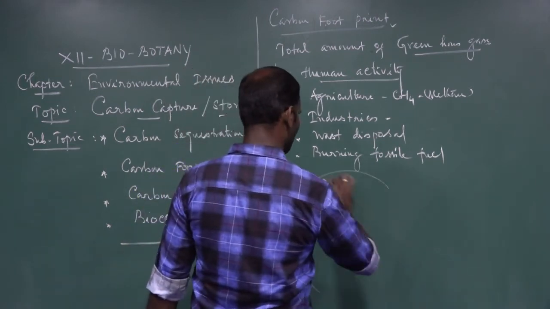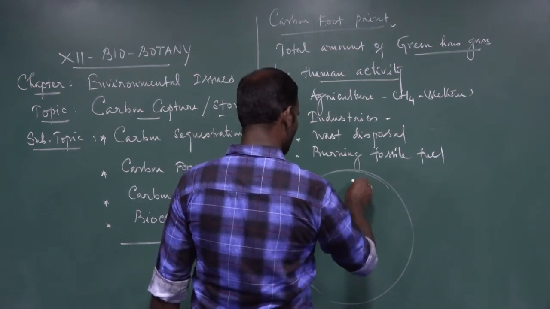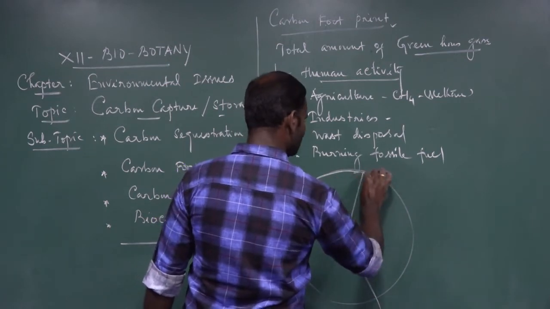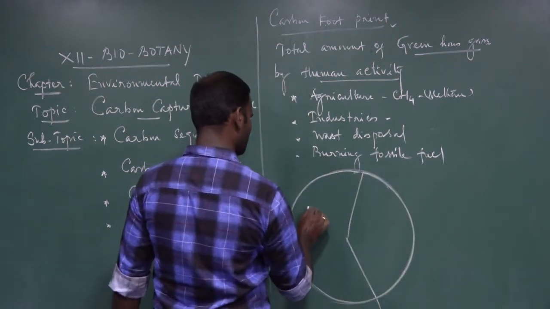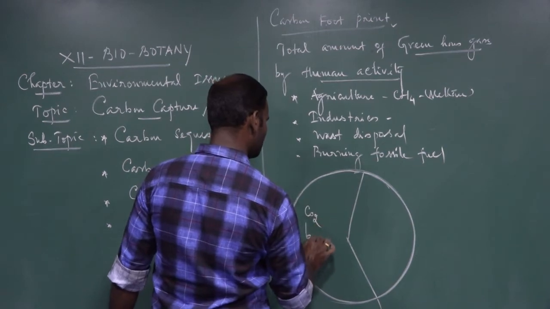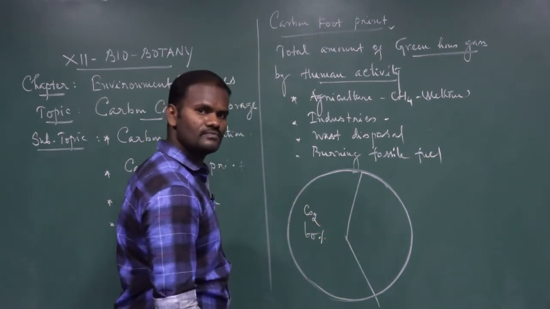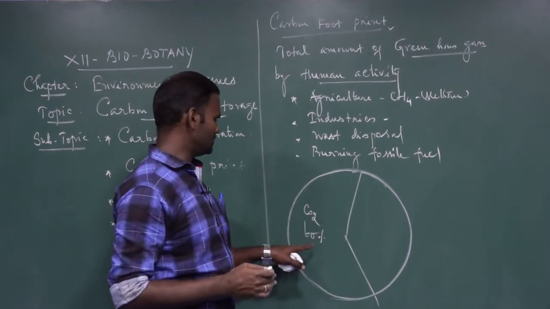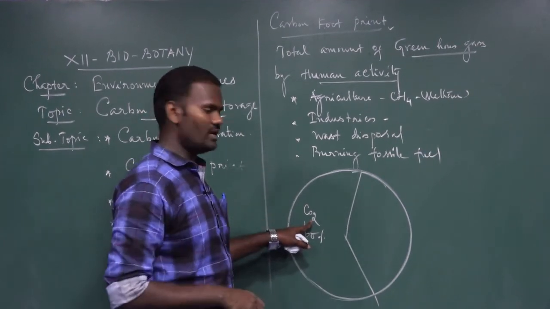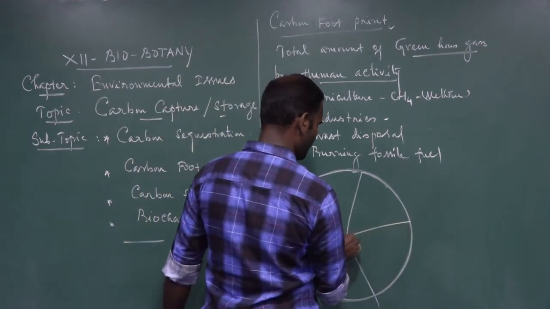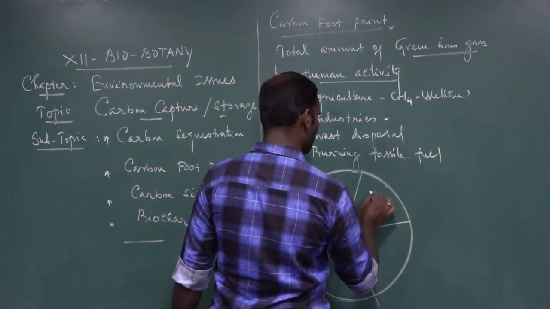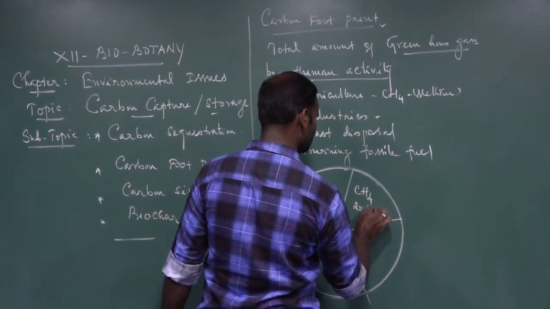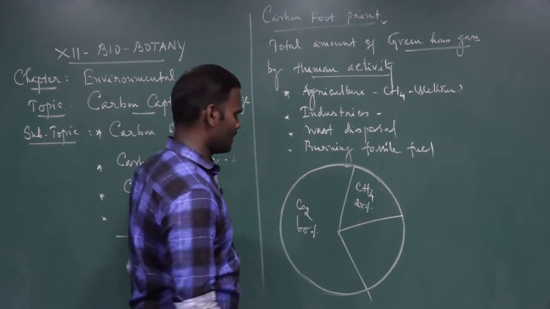The greenhouse gases, for example, maximum, 60% is carbon dioxide released. Of the total greenhouse gas emissions, 60% is contributed by carbon dioxide. The remaining 20% is by methane, CH4, 20% contributed by methane.